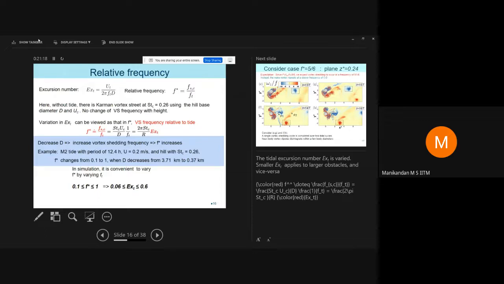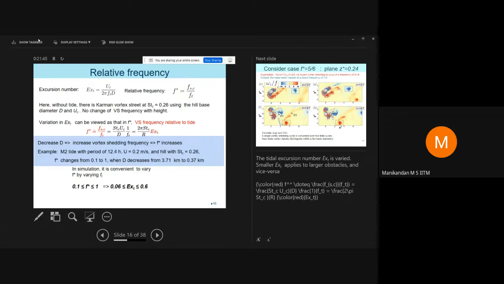And then for this particular configuration, if you use the current with this stratification and do the simulation and conclude the theory, then the Strouhal number is 0.26. We'll check that against what's known. And the variation in the tidal excursion number that I talked about, you can view it as the variation in this f star.